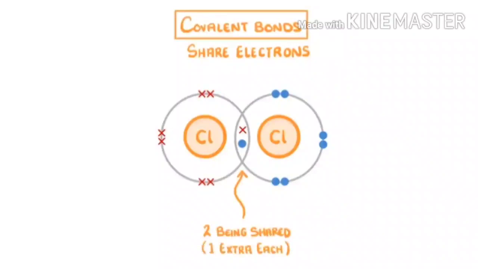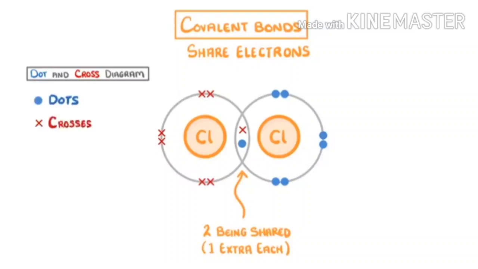In this covalent bond, 2 electrons are present and each electron is contributed by one chlorine atom, so that these 2 chlorine atoms complete their octet or their valence shell.